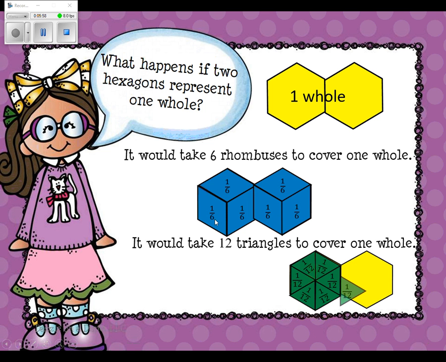So this would be 6 over 6, 12 over 12. And we're going to say 6/6 equals 12/12 equals 1.